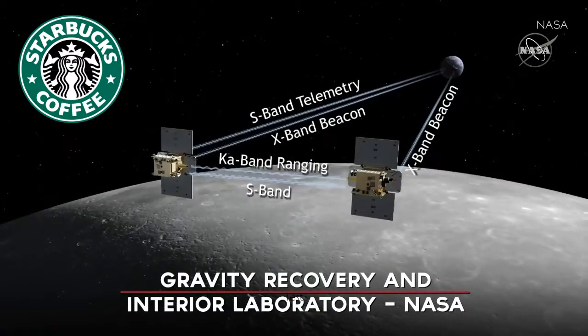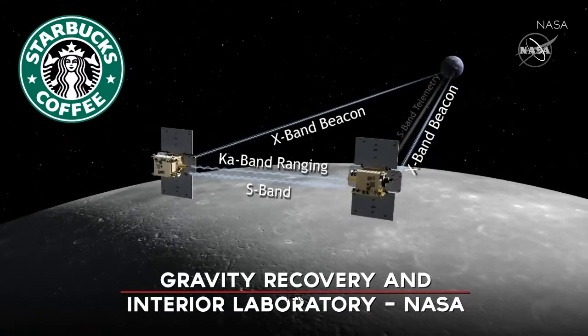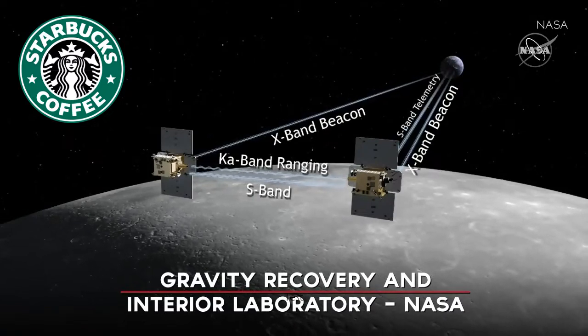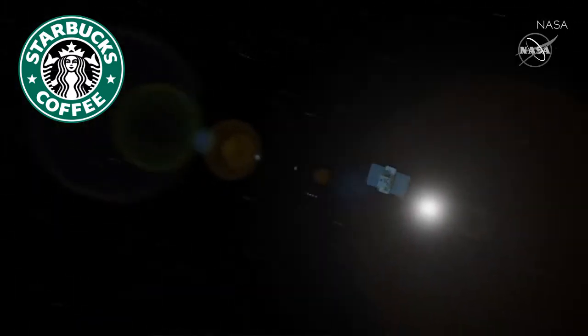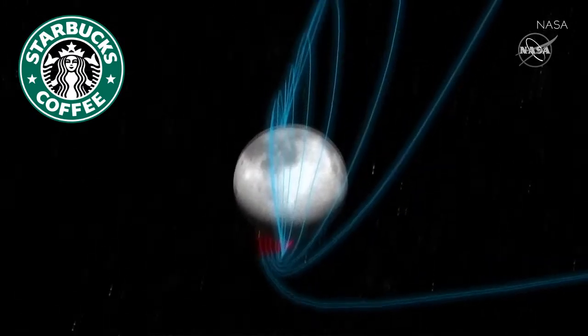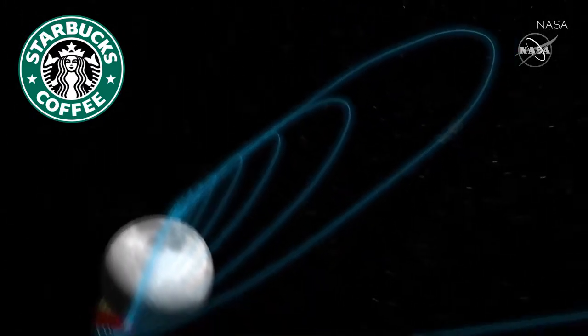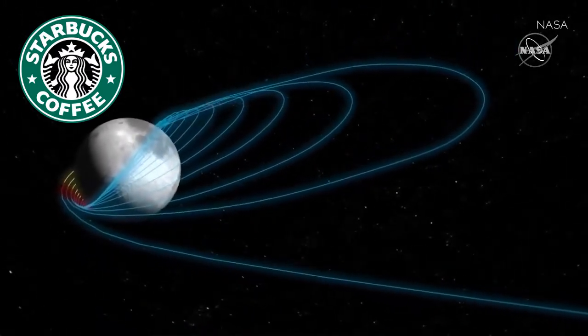Now, the first one that I think is really critical from the United States is something called GRAIL, Gravity Recovery and Interior Laboratory Mission. GRAIL was a spacecraft, or actually a pair of spacecraft, whose mission was to map out the lunar gravity field in incredible detail.